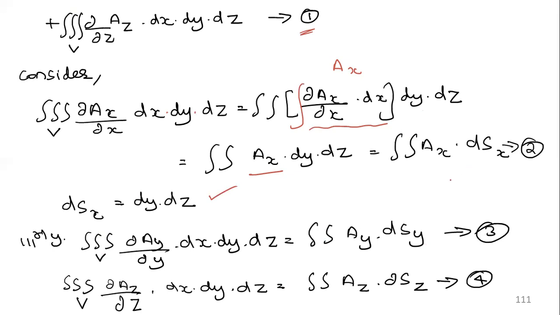Same way. It is the same step each time, so I won't show it every time. There is nothing to show; just integrate it. From the dy terms, ay along with dy integrate. So the double integral of ay dsy, the double integral of az dsz. These are equations number 2, 3, 4.